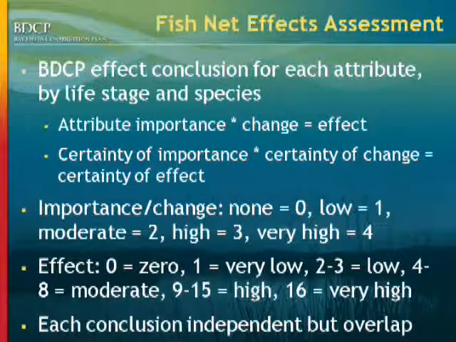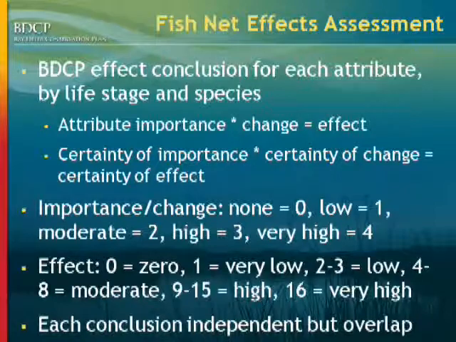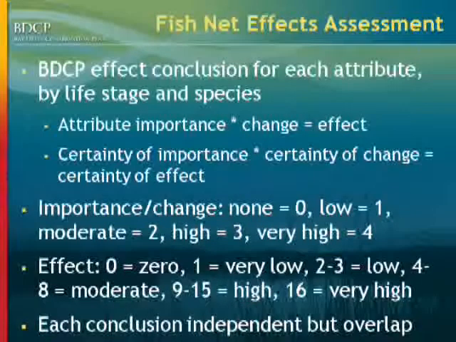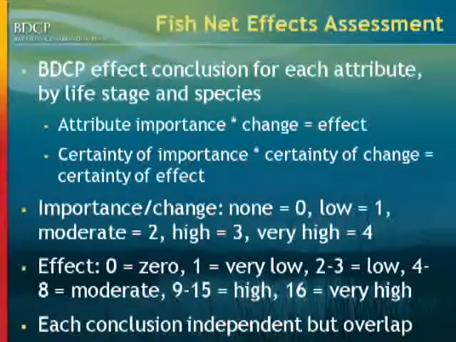The effect of BDCP is sort of the multiplication of the importance of the attribute by the change that we conclude to have occurred to the attribute from BDCP. And similarly, the certainty of the effect is the product of the certainty of its importance times the certainty of its change. And I mentioned on the previous slide that it was a qualitative assessment.